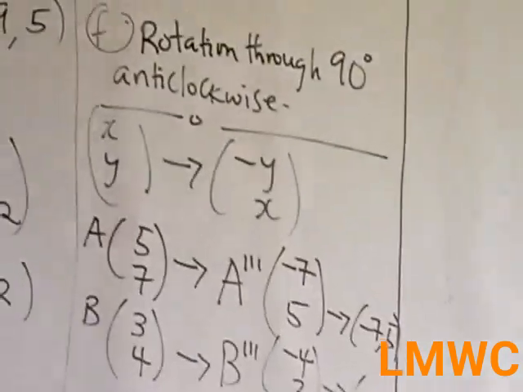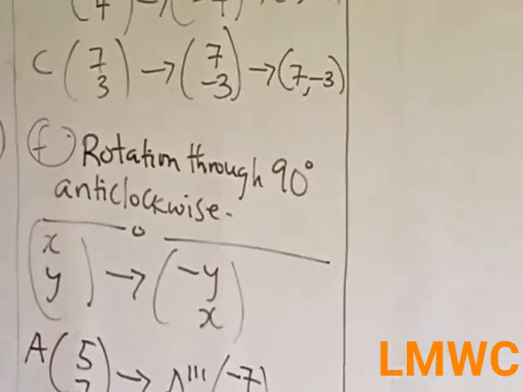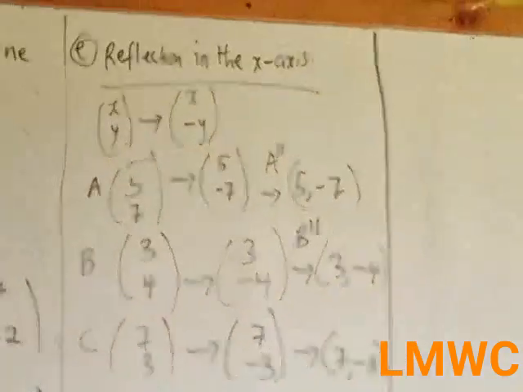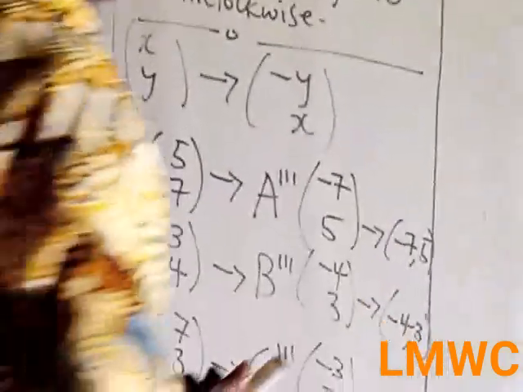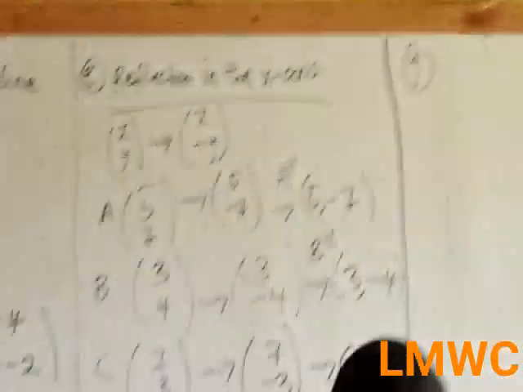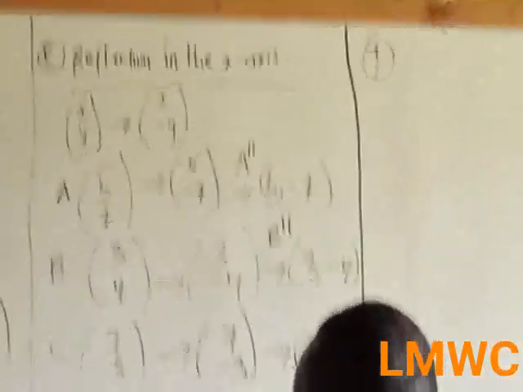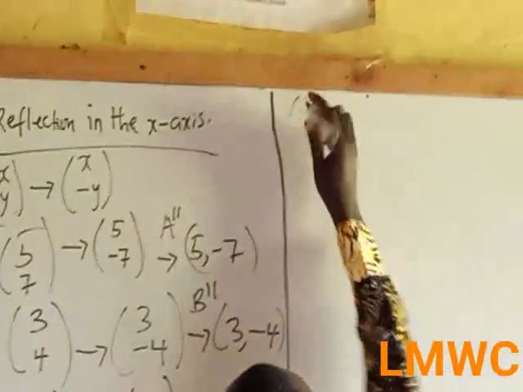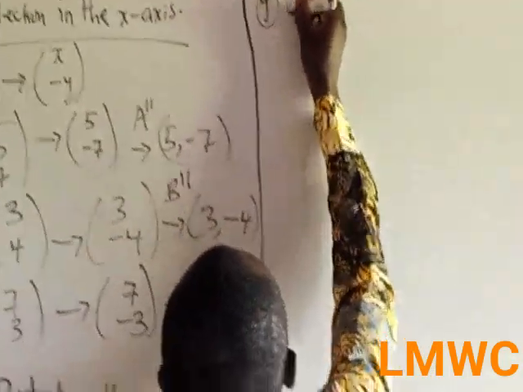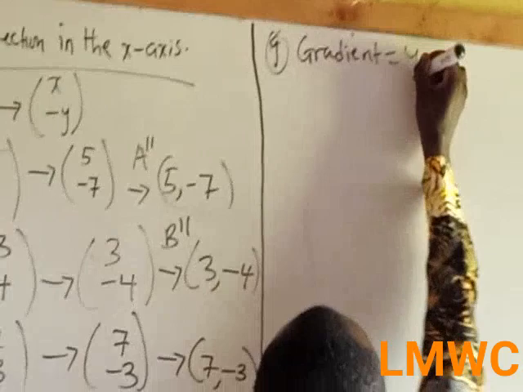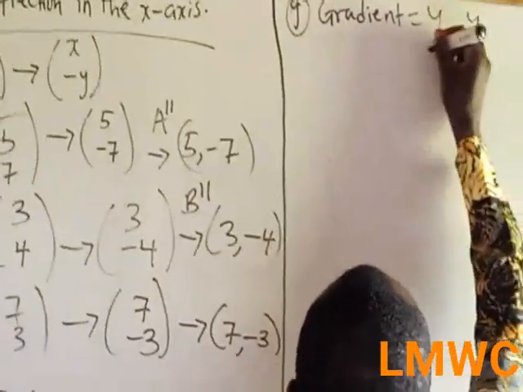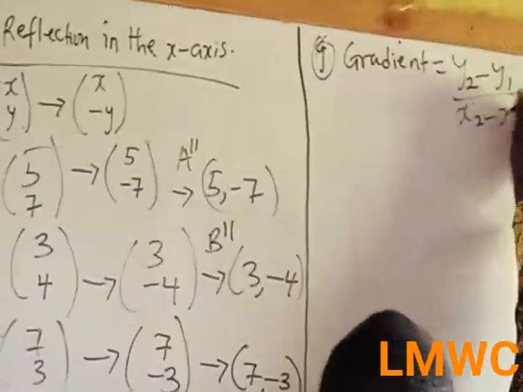And they gave you a question. Find the gradient of the line B2, B3. We know the formula for gradient is y2 minus y1 over x2 minus x1.